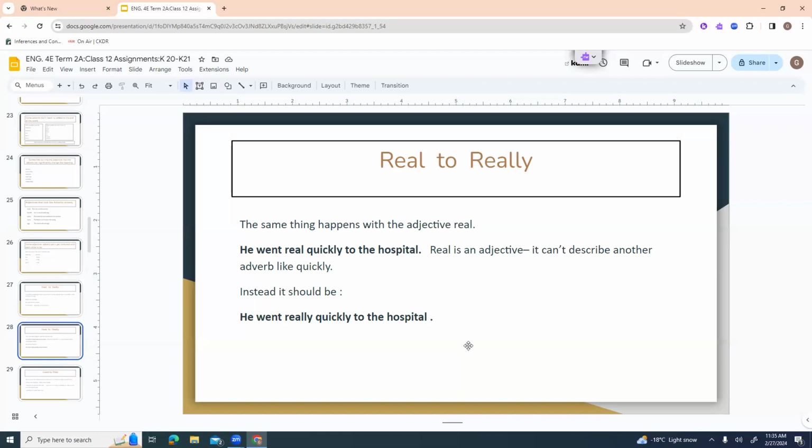Real, if I'm describing a noun, maybe like a real versus an imaginary friend. I think it gets used in like real estate versus different kinds of estate, a real story versus a made up story. It just isn't used the same way at all.